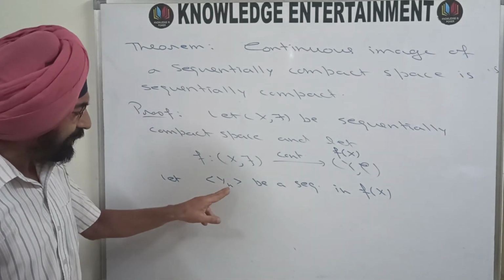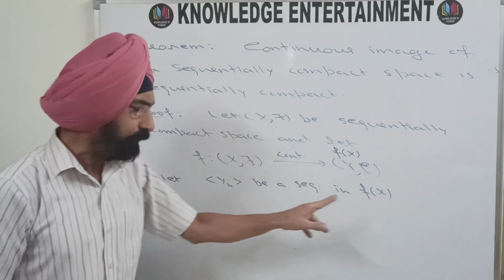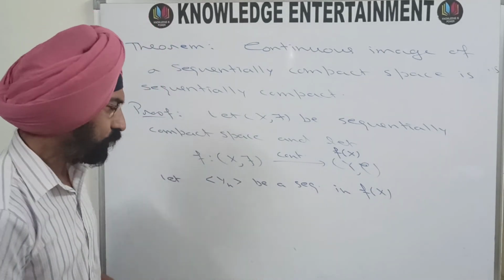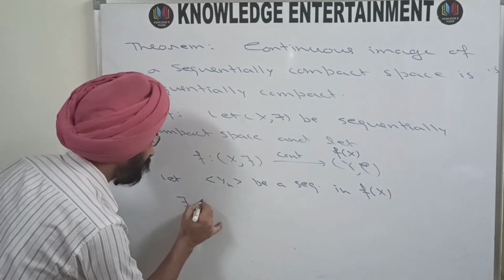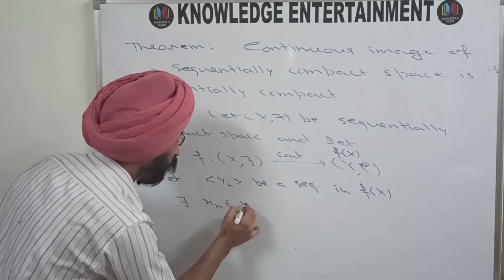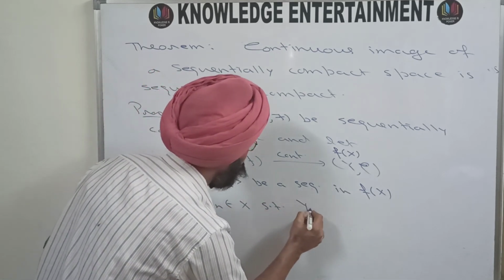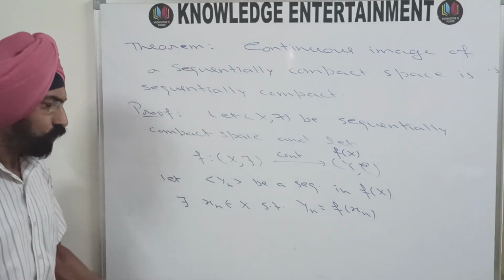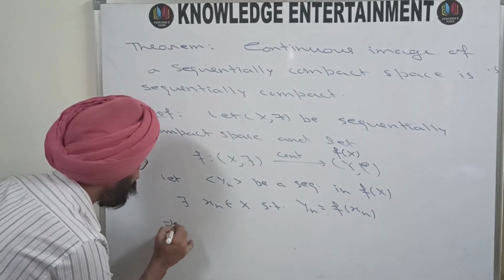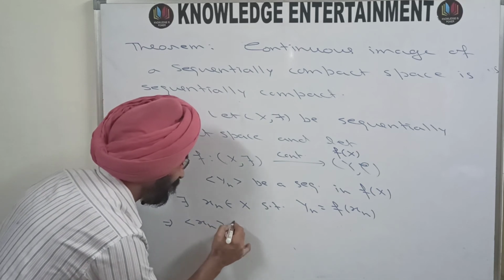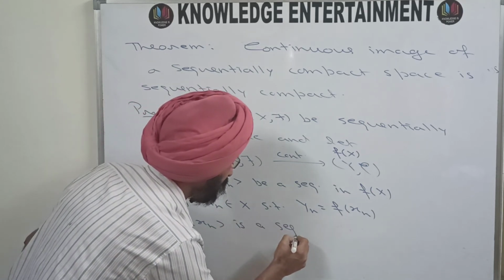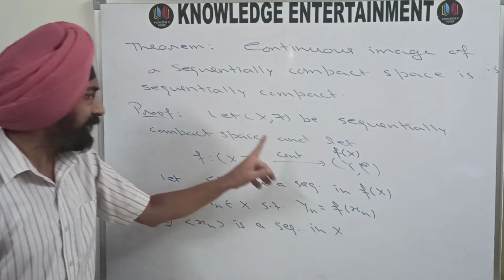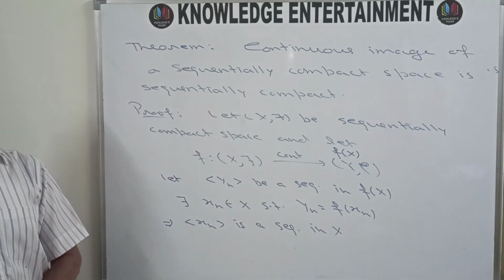Since each yn belongs to f(X), each yn is f of some point of X. So definitely there exists xn belonging to X such that yn is equal to f(xn). So this xn is a sequence in X, but (X, tau) is given to be sequentially compact.